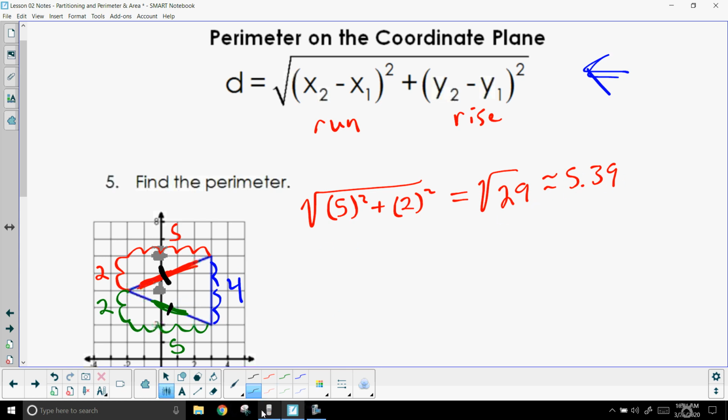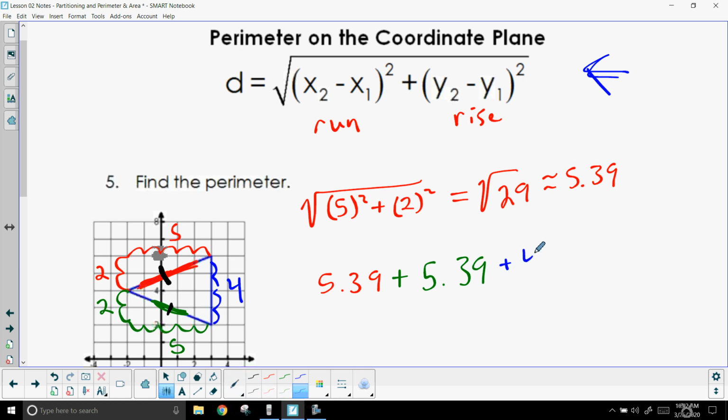So again, writing this in the sense of decimals, we're just going to do 5.39. Let's keep this color coded so you know where things are coming from. 5.39 plus the green used the exact same numbers, so we should get the exact same answer, plus the 4 that we counted.